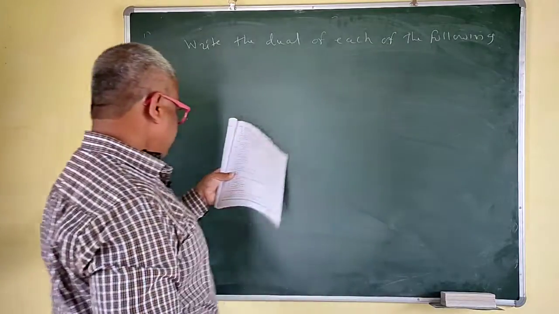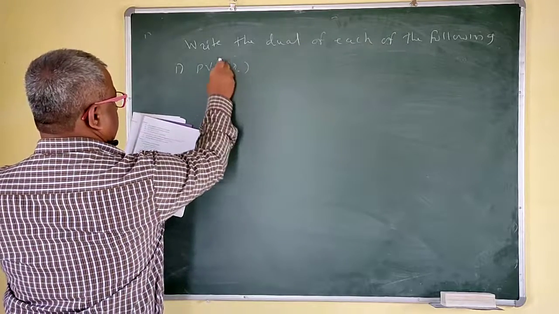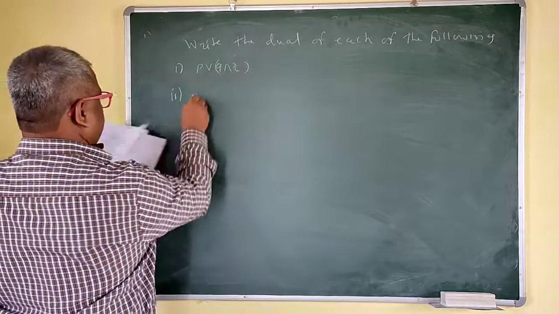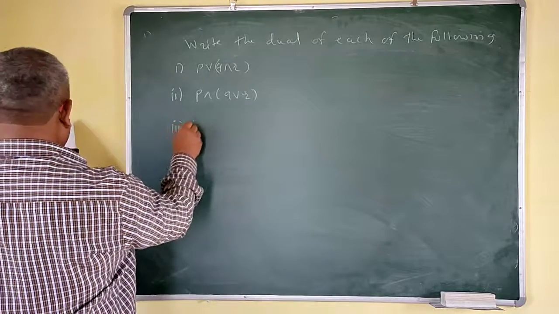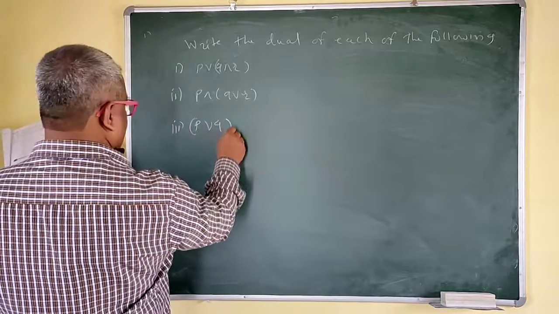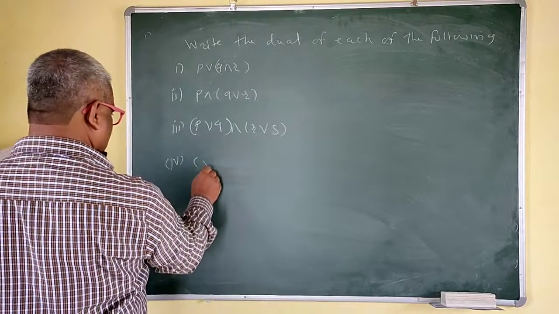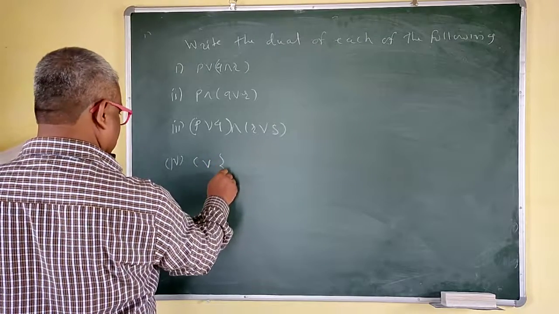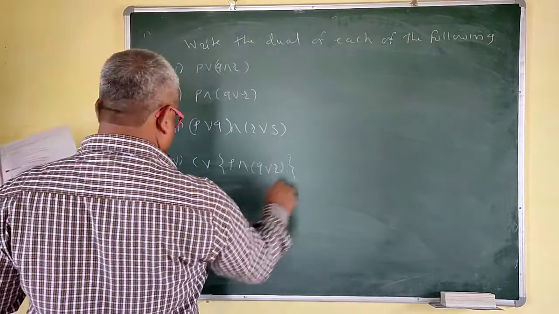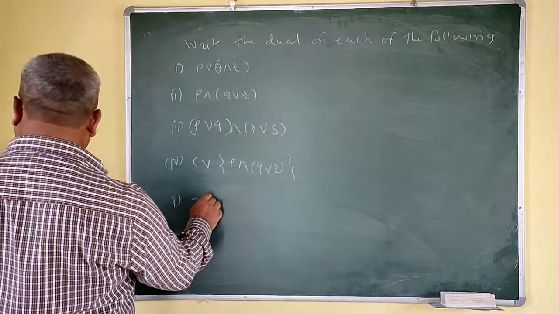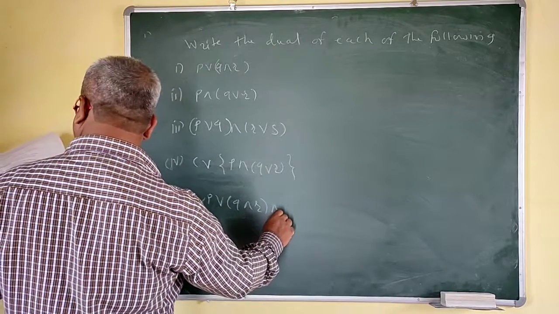One: P or Q and R. Second: P and Q or R. Third: P or Q and R or S. Then: C or P and Q or R. Then: negation P or Q and R and T.